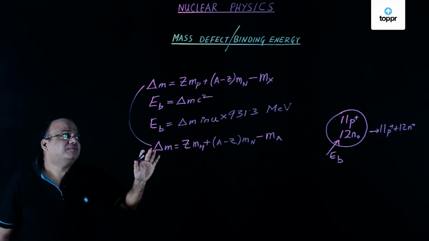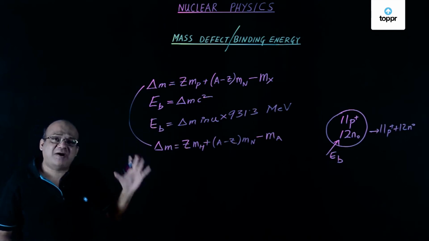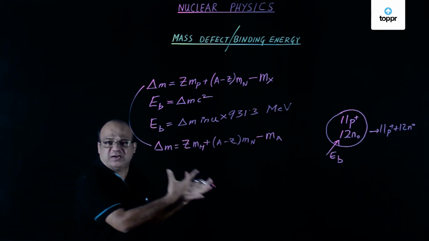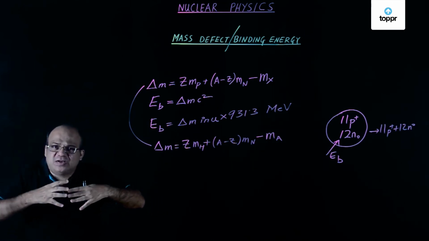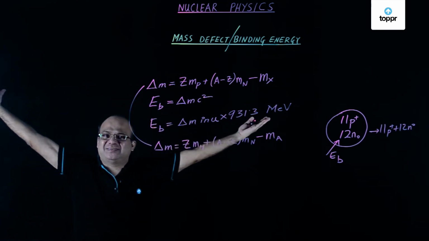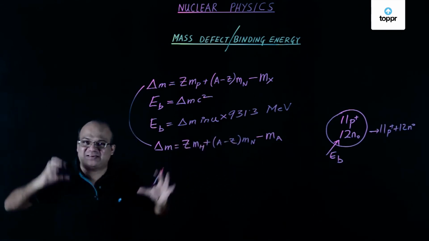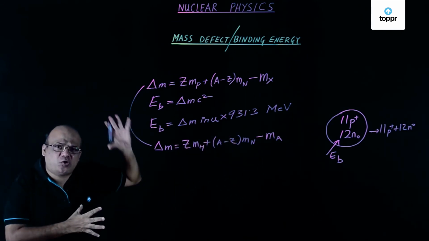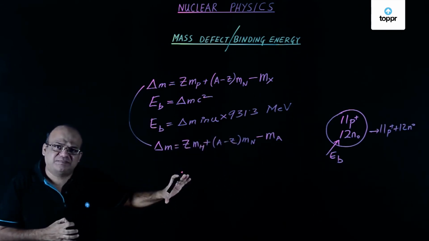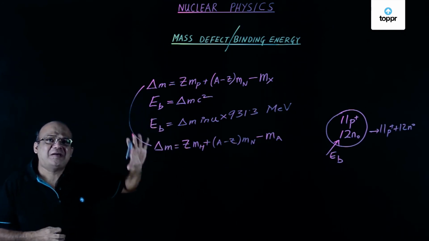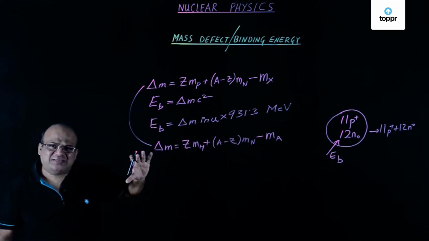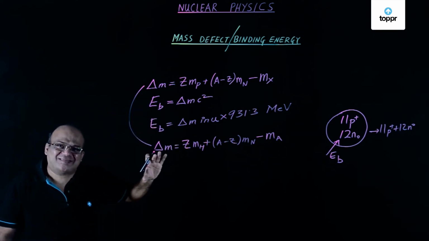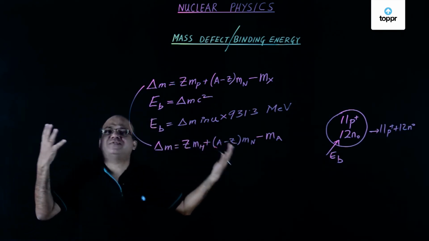So in this lesson, we learnt about mass defect and binding energy. When a nucleus is formed, some mass is lost. That is called mass defect. The equivalent amount of energy is called binding energy. So binding energy is the energy released in the formation of the nucleus.